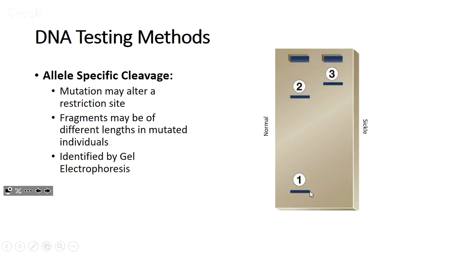It's only present inside the healthy, normal hemoglobin gene. So if you introduce the restriction enzyme, it's going to cleave the normal gene, but it's not going to cleave a sickle cell gene. So when you put these in gel electrophoresis, you're going to realize you've got 2 strands of the normal gene, but you've only got 1 larger strand of the sickle cell gene, which is going to be stuck further back because it's larger, it's more difficult for it to move.